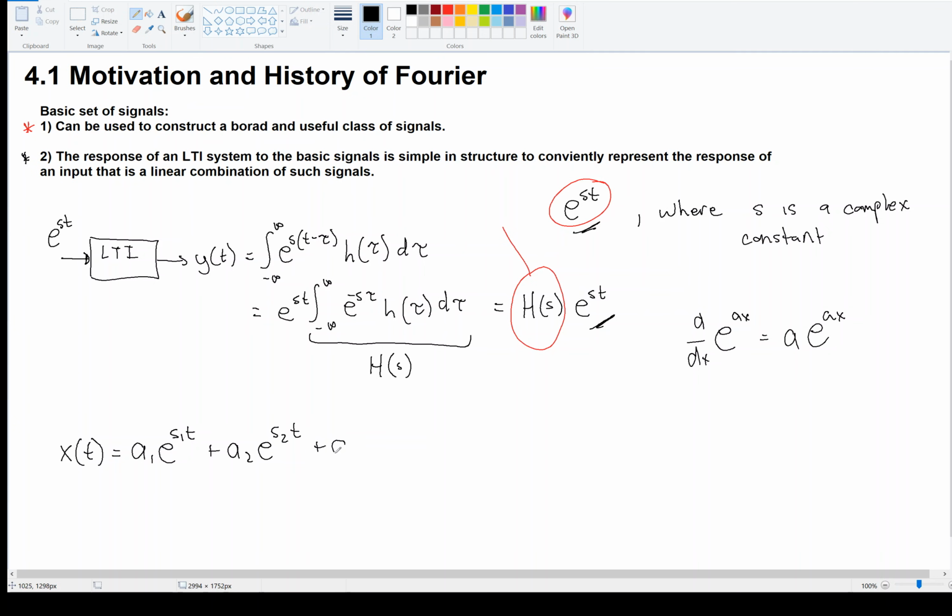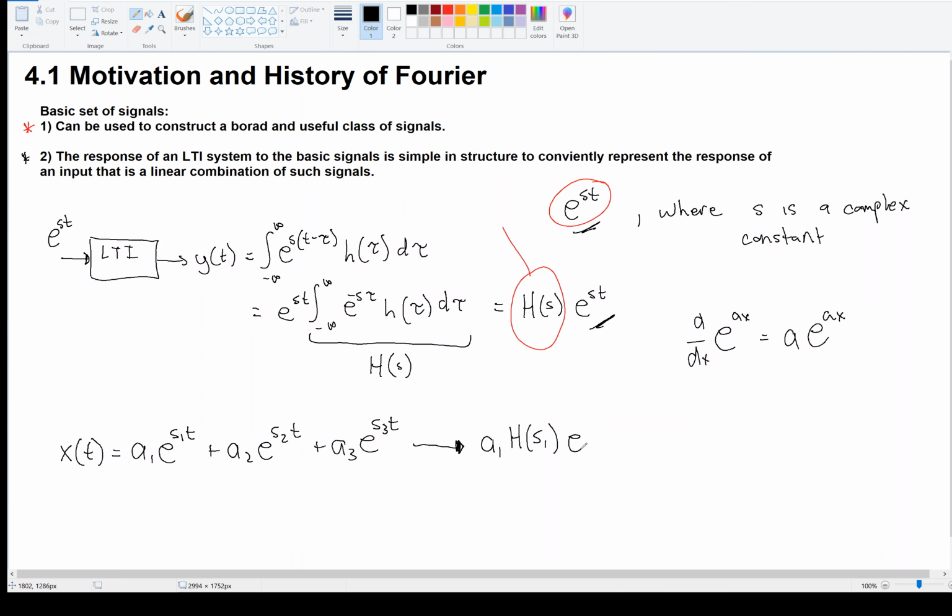For example, maybe adding 3 complex exponentials, each with their own amplitudes, a1, a2, a3, and their own complex constant there, s1, s2, s3. Well, what do I get out? Well, because the system is linear, I can consider each piece separately, and what I get is the same thing out multiplied by that constant.